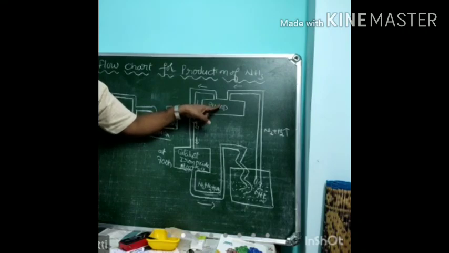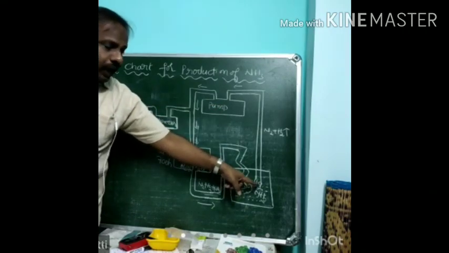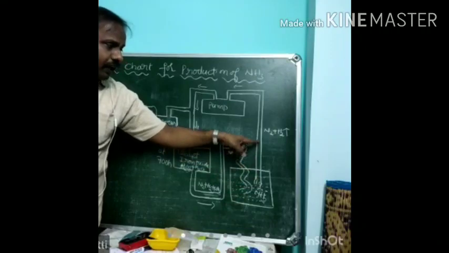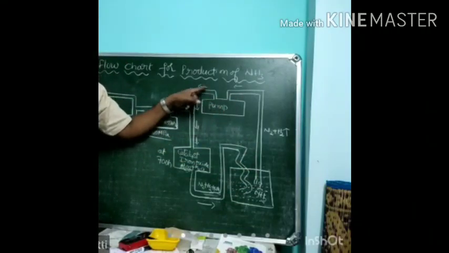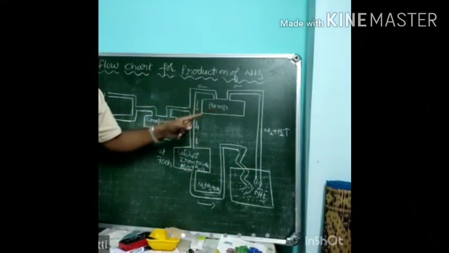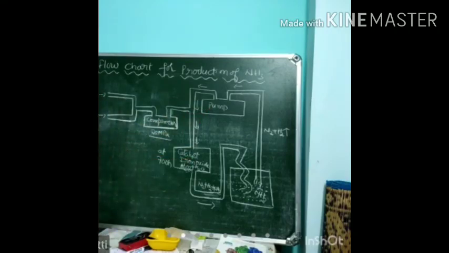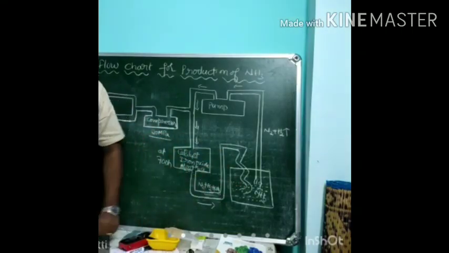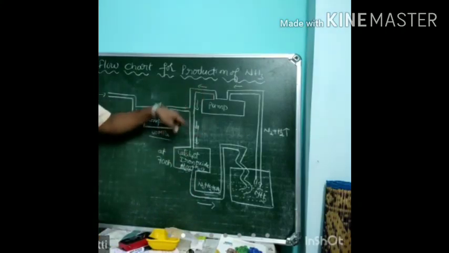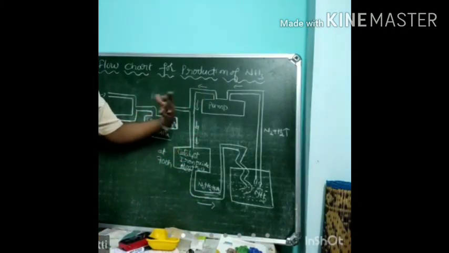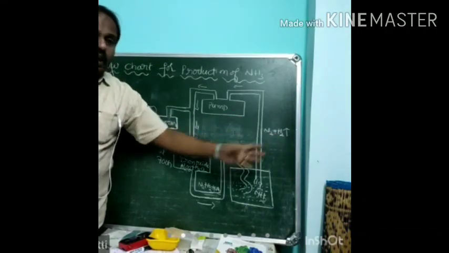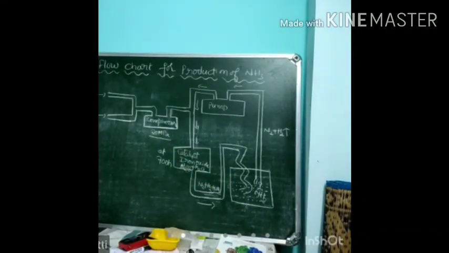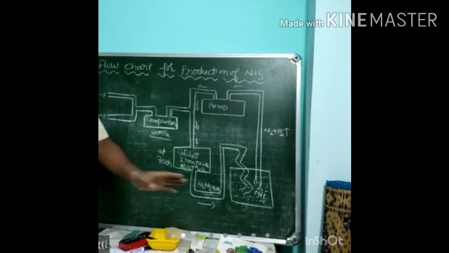By using this pump, we remove the unreacted gas and send it again into the catalyst chamber. Here, again, the nitrogen and hydrogen undergo chemical reaction, and we get liquid ammonia. If we continue this process a number of times, the nitrogen and hydrogen we have taken completely react with one another and are converted into ammonia.